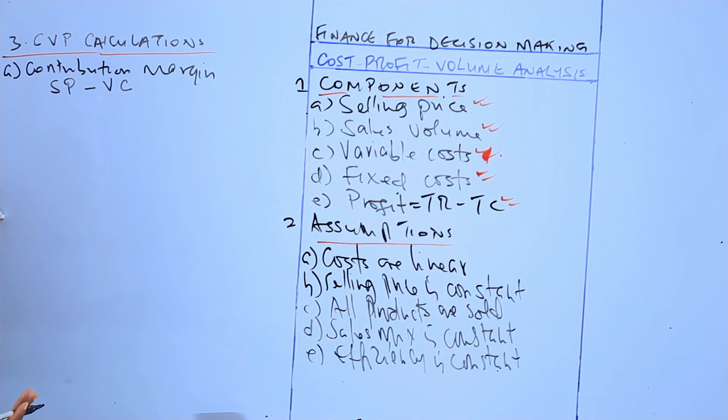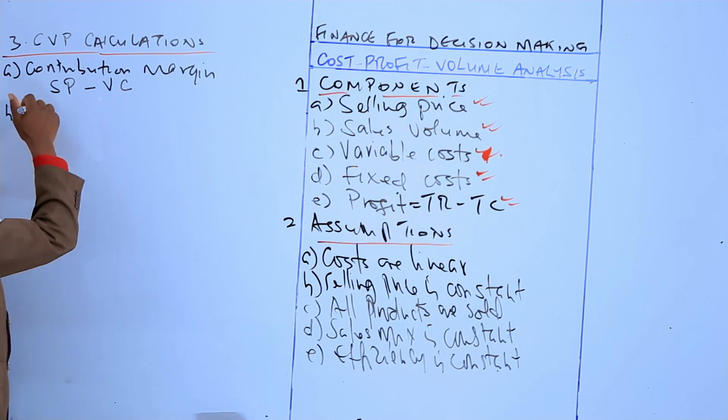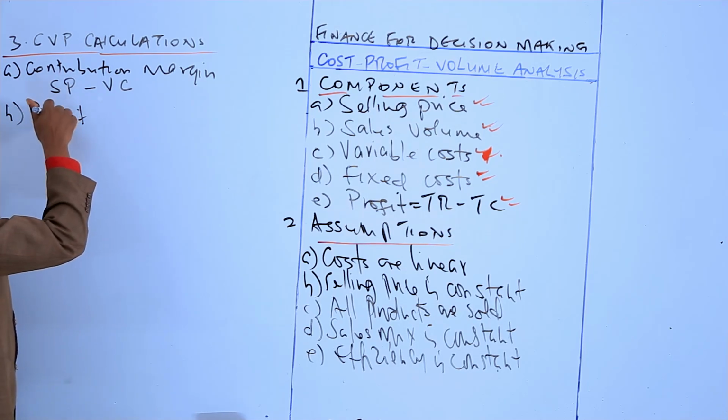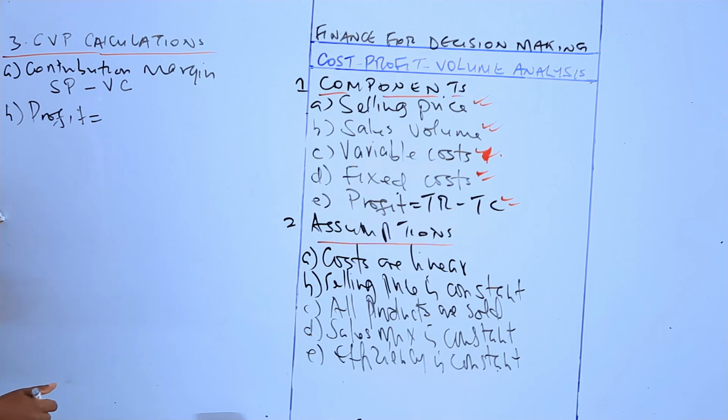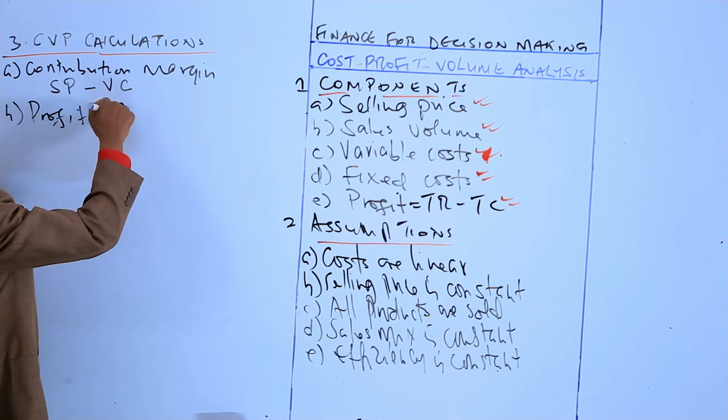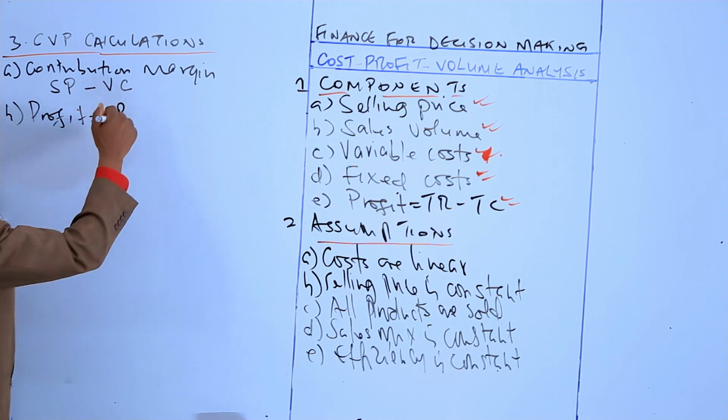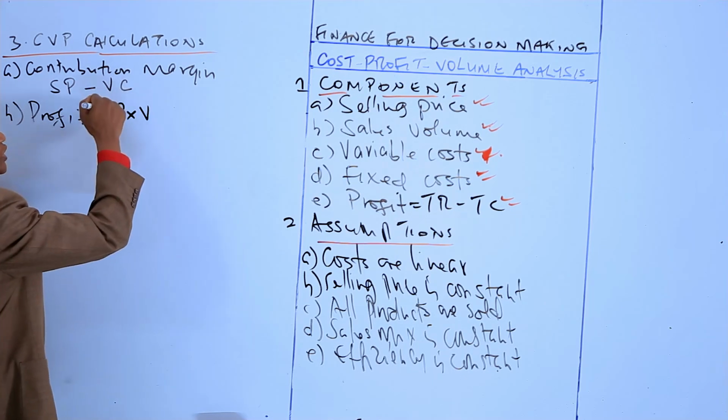But the fundamental profit equation in CVP analysis is equal to selling price per unit times the volume, the number of units sold.